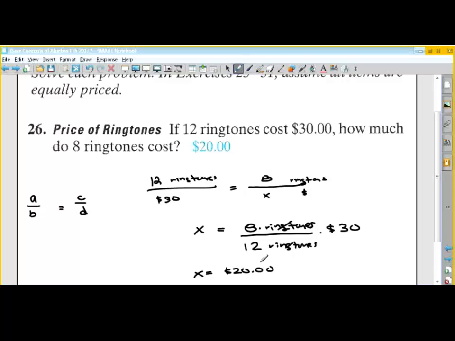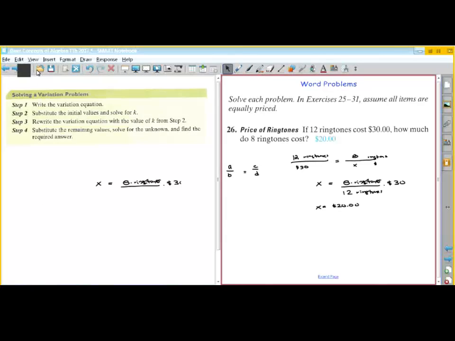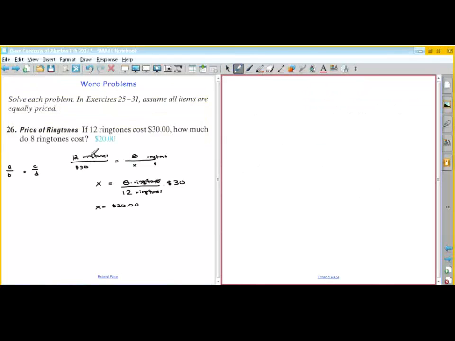And it makes sense because buying fewer ringtones should cost less money, and it is less money. Okay, so that's using that particular proportion. The other example of a proportion, let me just put this up here, is you could say, instead of doing, these are matched together, these are grouped together. The other way to do it would be 12 ringtones to 8 ringtones.